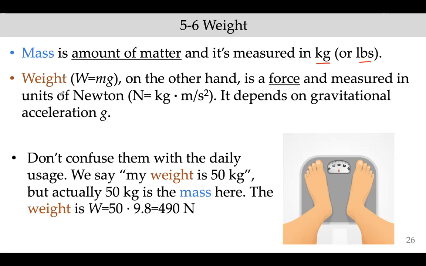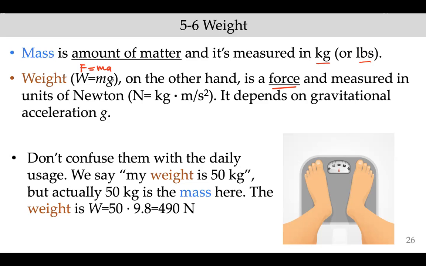But the weight, on the other hand, is a force. So weight is a force because now you remember probably weight is calculated by m times g. G is the gravity of Earth if the object is close to the Earth. This is actually from the formula F equals ma, right?